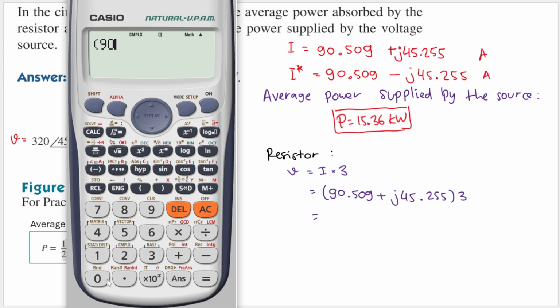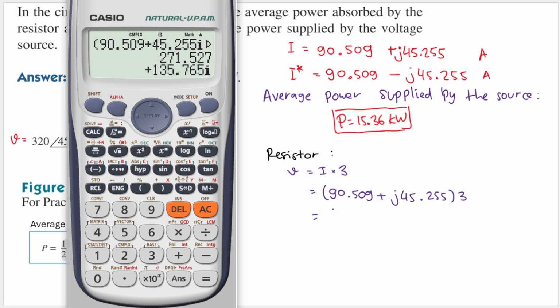We have 90.509 and then plus 45.255, then multiplied by 3. And this is I here.